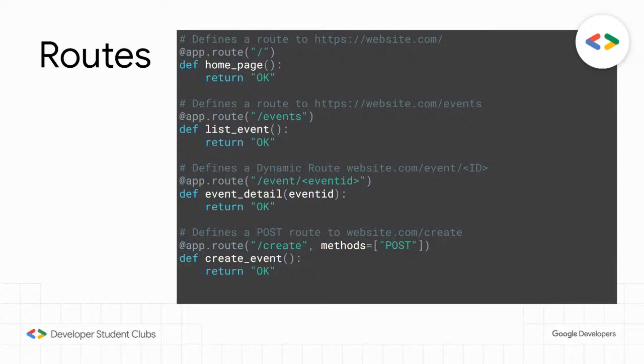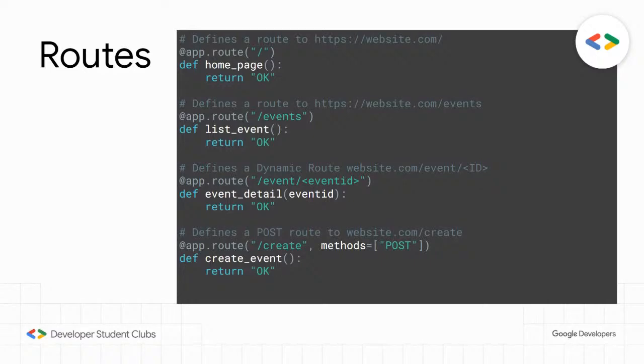So let's say if you go to https://website.com or .com/, it will route to OK. And then the second example is basically just defining a simple route to website.com/events. And then the return statement, at this moment, all of them are the same because it's just an example.